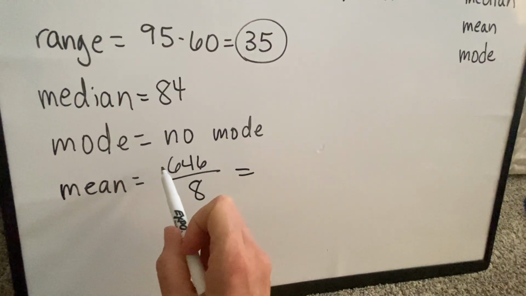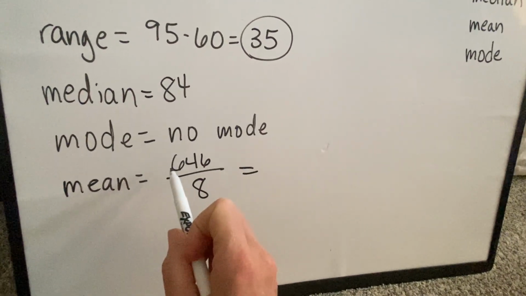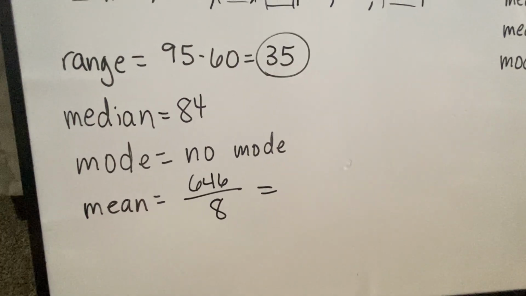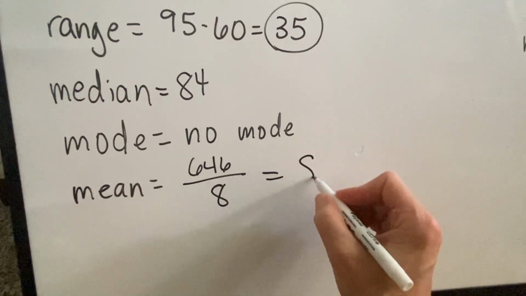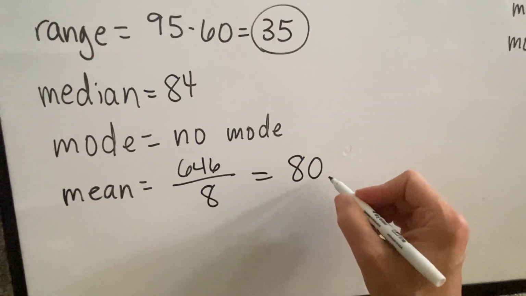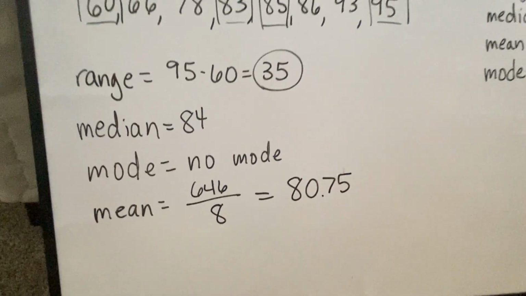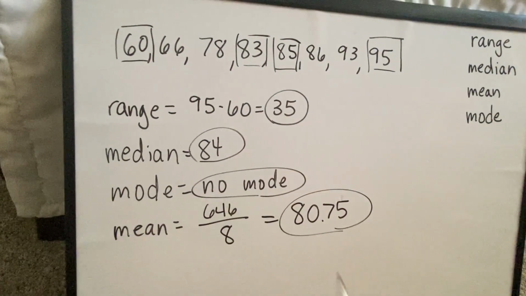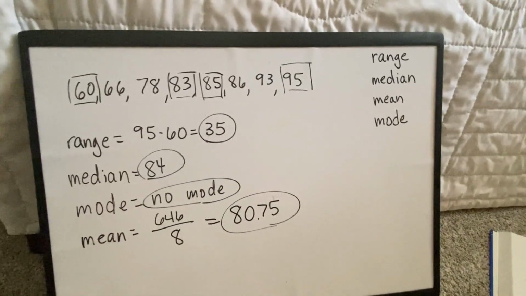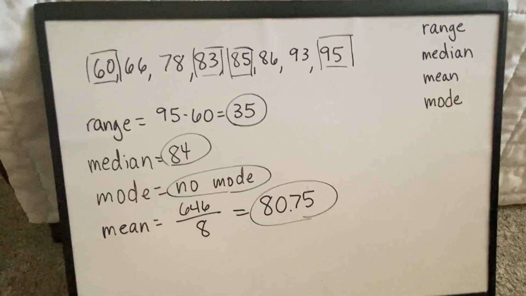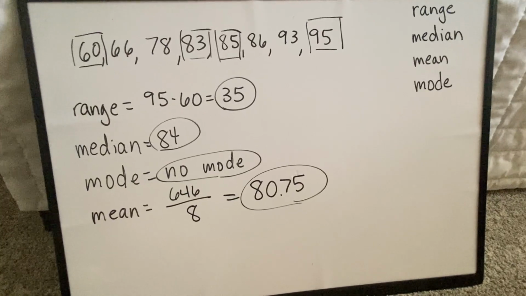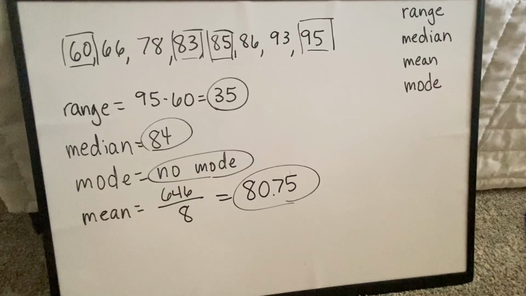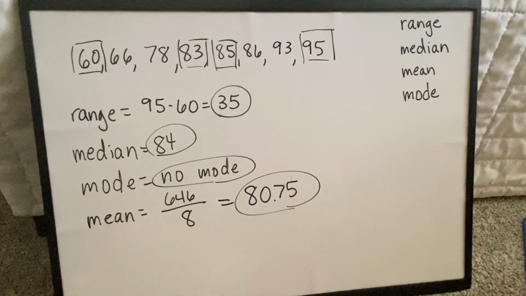So we take our total amount that people received from the tests, divide it by the number of tests that were taken, and we get a mean or an average score of 80.75. So you can see here our answers to these questions. Like I said, I'm sure you've done it before. It's the same kind of process, the same thing that you've done many times before.